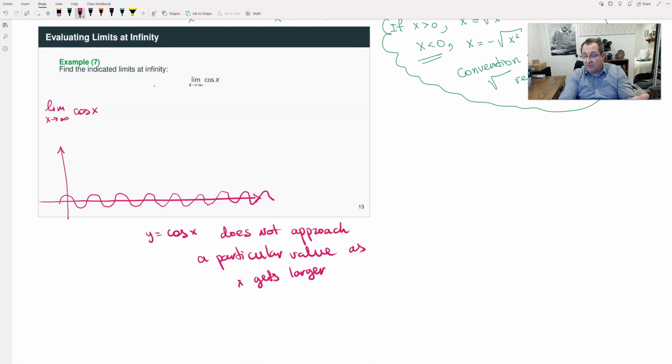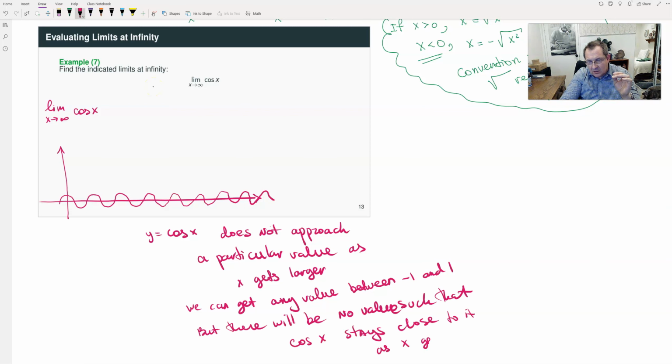Well, it approaches some values. We can get any value between -1 and 1. However, there will be no value such that cosine stays close to it as x gets larger.